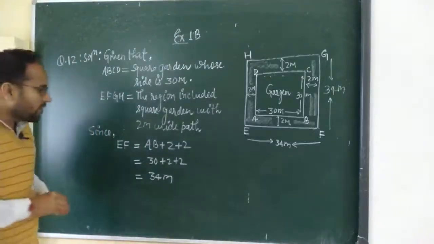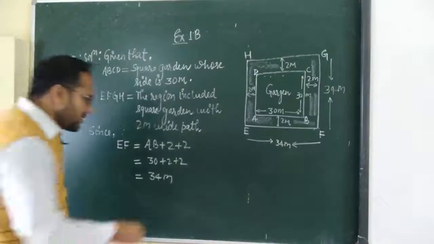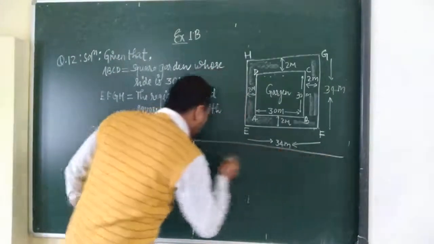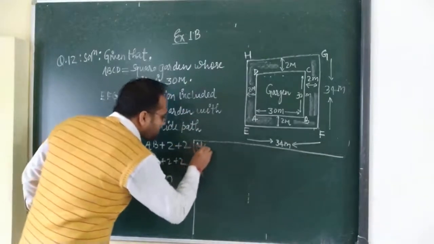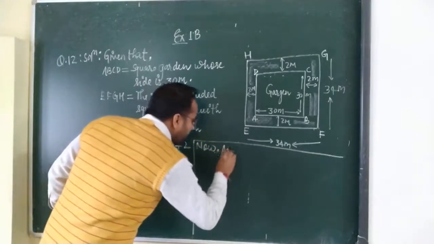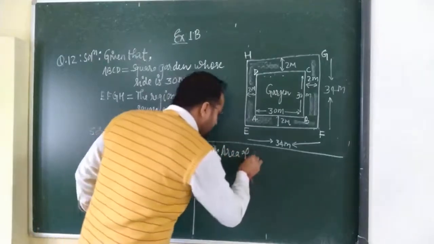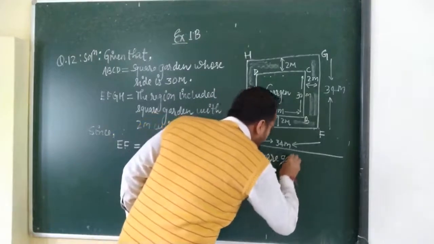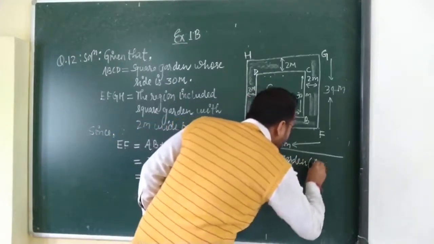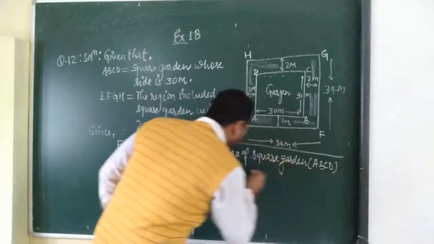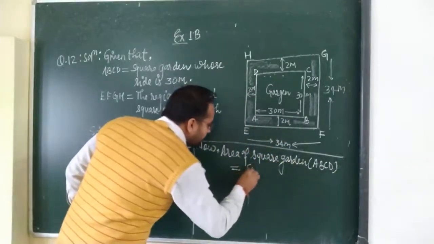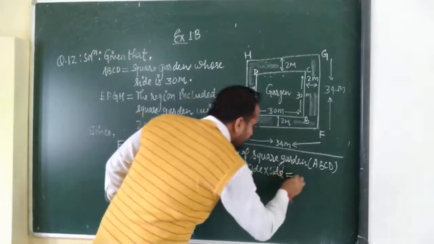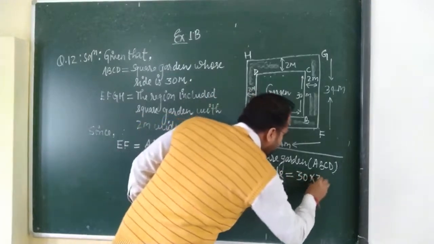Now I am going to find the area of the square garden. Area of square garden A, B, C, D. You know that the area of a square is side multiplied by side, and this one is 30 multiplied by 30.